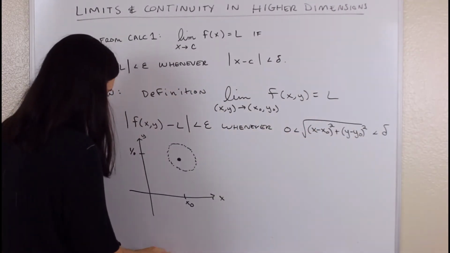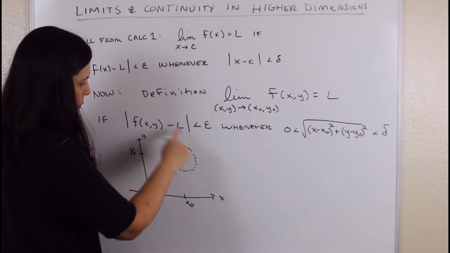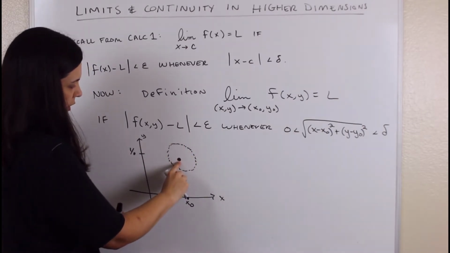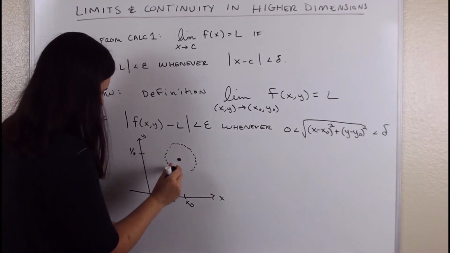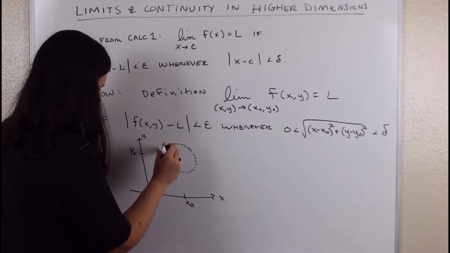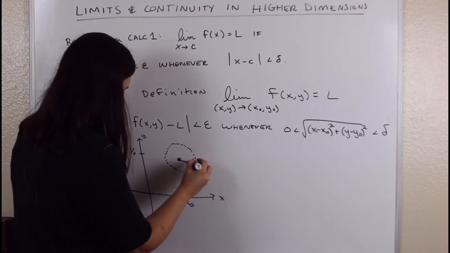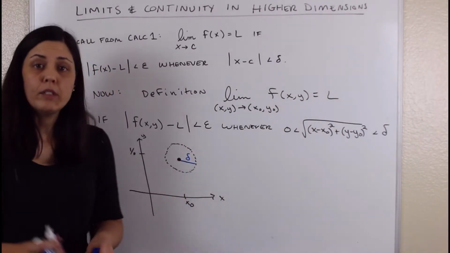Where delta comes into this picture, this should be more circular, centered around this point. My drawing's a little off. Let's make it slightly better. Okay, this delta is here. It's actually the radius of this circle.